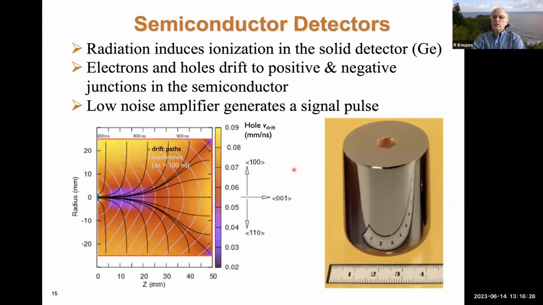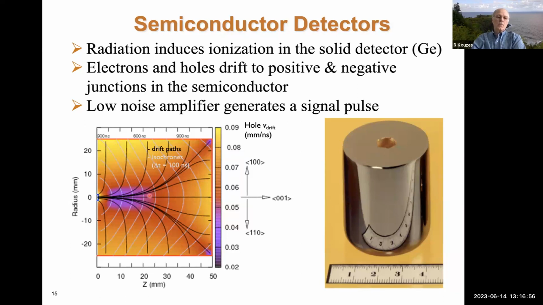Another form of solid detector are semiconductor detectors. These are not scintillators. Instead, these are materials that can be back biased, which means that you put a voltage on them, but there's no current that flows because they are semiconductors. And so there's a strong electric field produced within this material. So you can think of this object as a large capacitor. So there's charges on the anode and cathode.